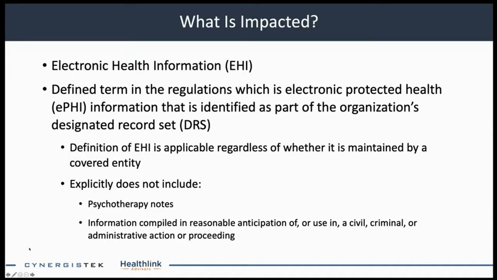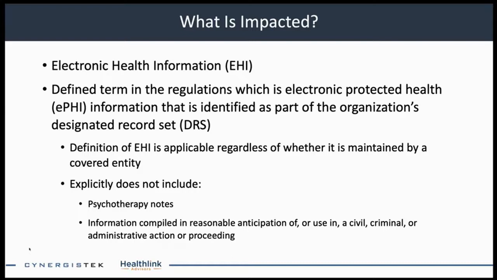So again, I mentioned earlier that the regulations use the term electronic health information, and this is defined in the regulations. And the definition is, I think, a bit interesting because it is the electronic protected health information that is defined as part of the organization's designated record set.